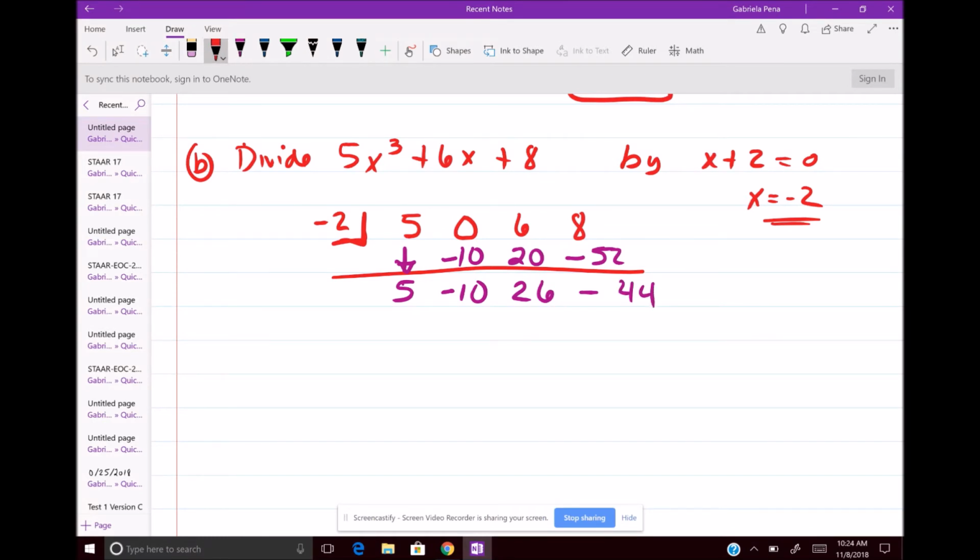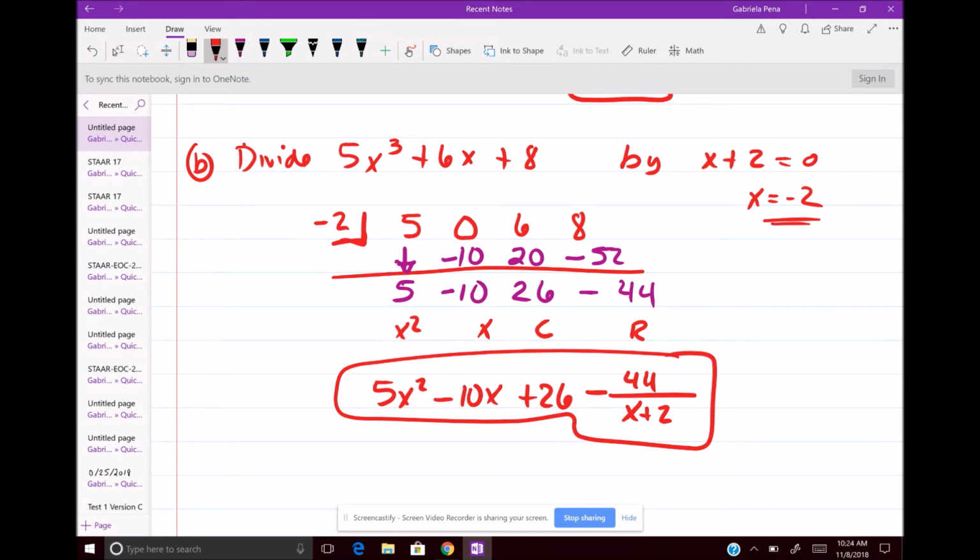So you always label from the back: this is your remainder, constant, x squared. So my answer is 5x squared minus 10x plus 26 minus 44 over x plus 2. If you want to put a plus and put the negative up with the 44, you can. It's not going to be wrong if you do that.